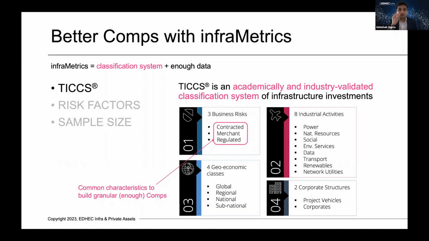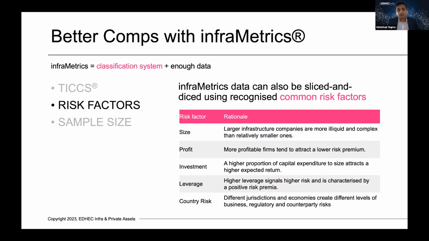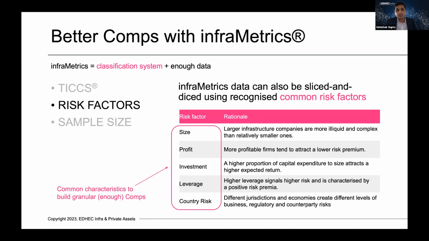So you can think about just one type of business risk and look at the comps in that segment, or do it across these pillars. But the other type of classification is also by risk factors, because these are common risk factors across infrastructure investments. So you can think about creating comps using some measure of size, profit, leverage, and so on. And that allows you to find your comparable investments as well.